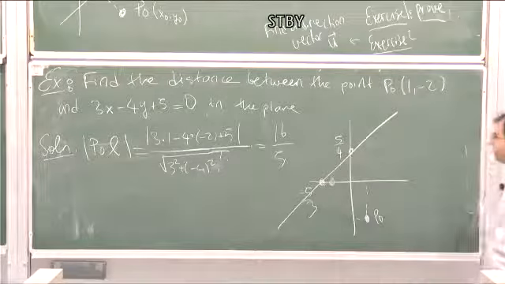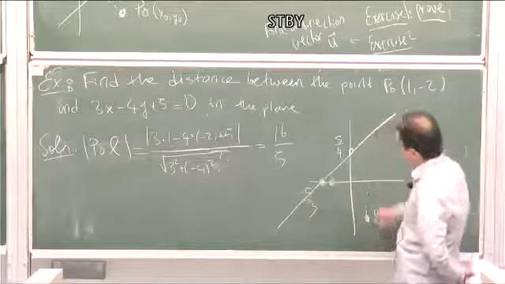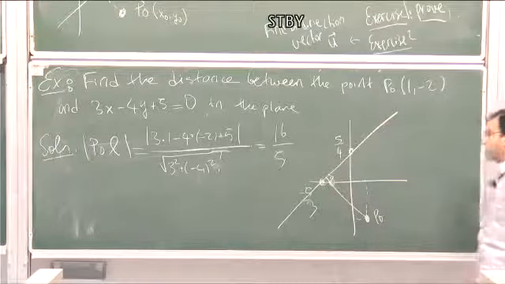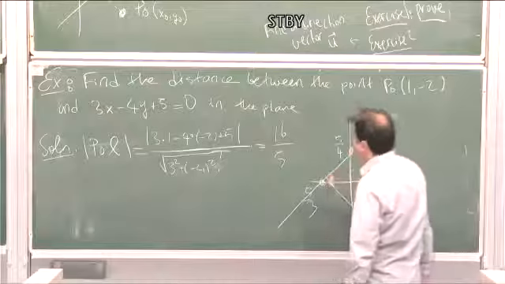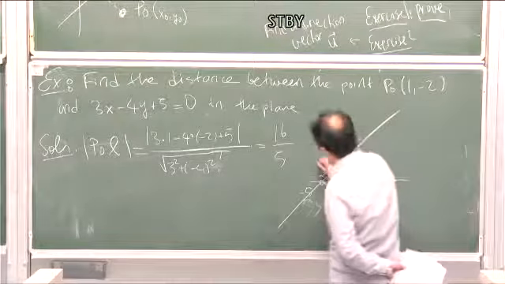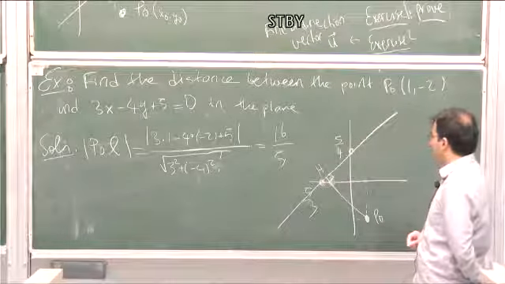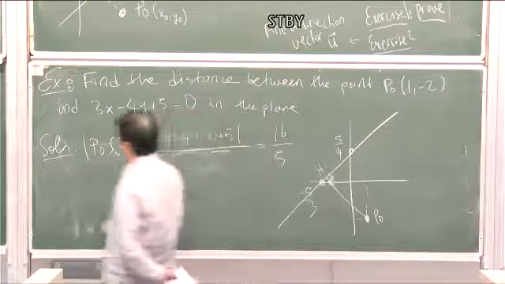P0 is here, and what I have found is this distance. So I have found this vertical distance. All right, let's call this one H. Then I can also ask you an exercise.